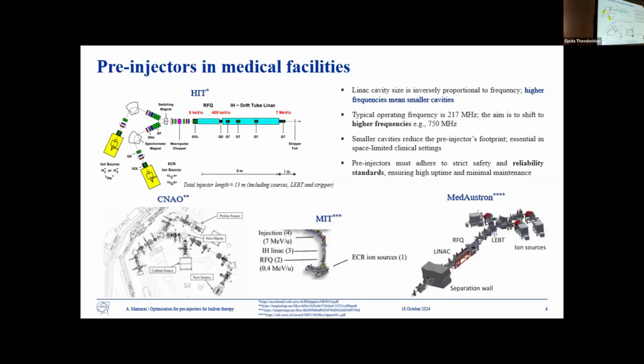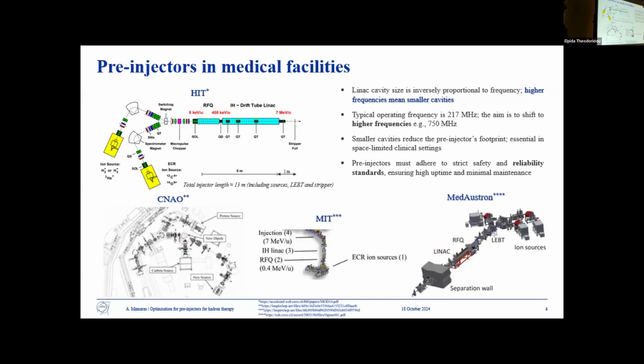All of which mostly share a common pre-injector layout, which includes 2 or more ion sources with their dedicated extraction systems to be able to produce protons or other lighter ions like helium, oxygen, and carbon ions, and a LEBT line, which injects the beam into the RFQ at the energy of 8 keV per nucleon, and which comes out at 400 keV per nucleon to be then injected into a subsequent DTL type structure, usually in the IH mode, up to a stripping foil.